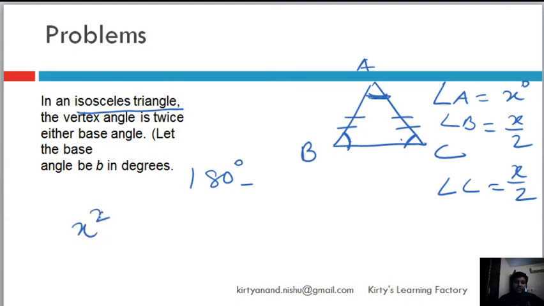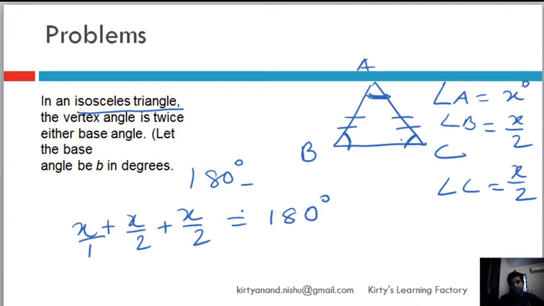Basically x plus x by 2 plus x by 2 equal to 180 degrees. Now see, this is x by 1 plus x by 2 plus x by 2. There are two methods to solve this equation now, and I am getting into the mathematics of how to solve it easily.